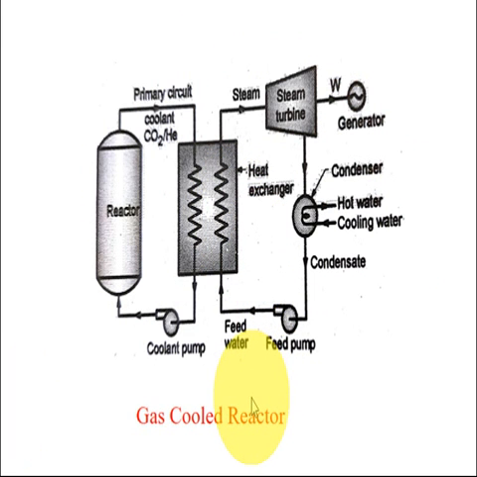Now the next reactor is the gas cooled reactor. In this case, gas is used as a coolant, and the first gas reactor was developed by the UK. In that reactor, CO2 was used as a coolant instead of water, and graphite as a moderator.